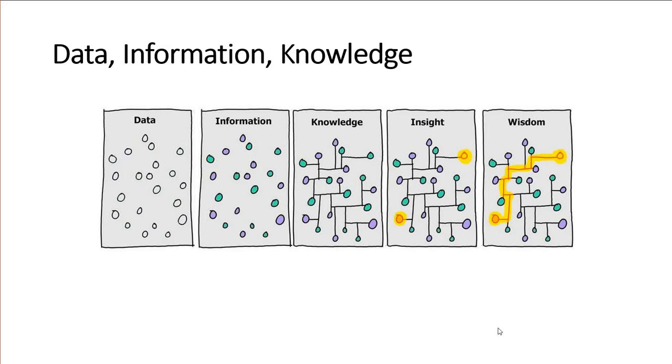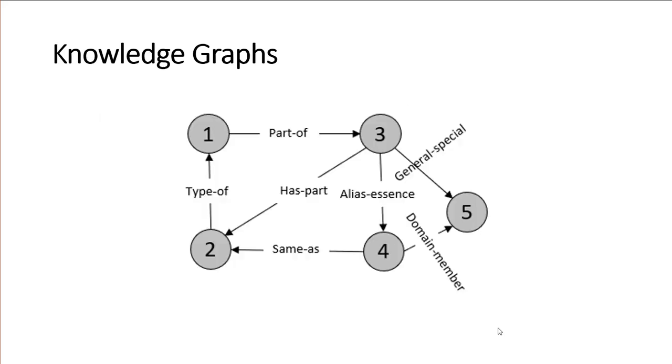Most people, when they think about these reports, think about data, but that's not what we're talking about. We're talking about knowledge here, information that is related to other information. And if you can effectively do that, you can leverage that knowledge and produce insight and wisdom, and use the knowledge that was represented in machine readable form.